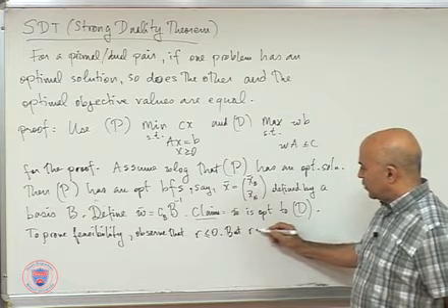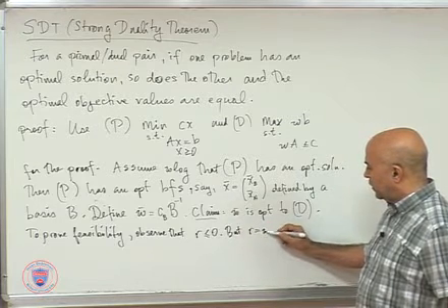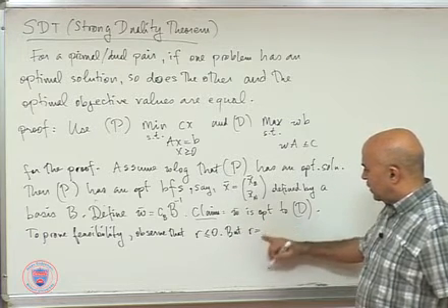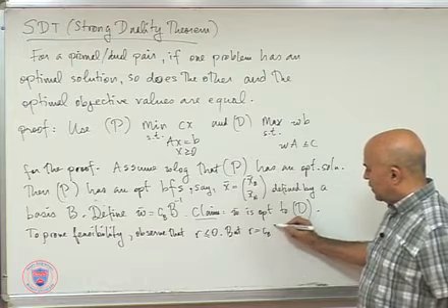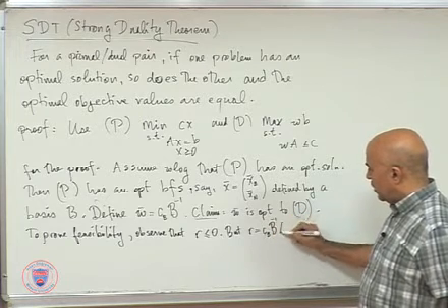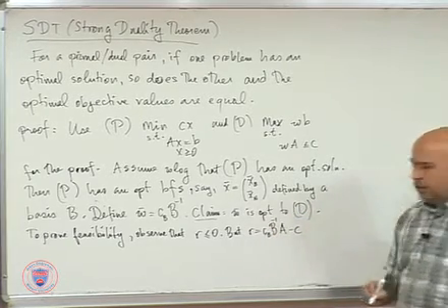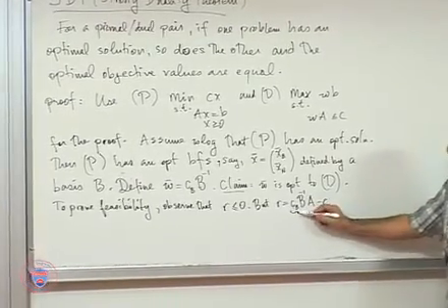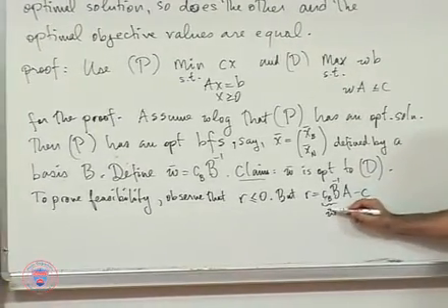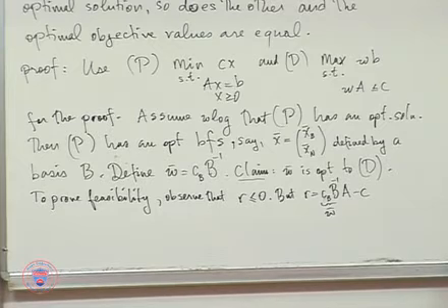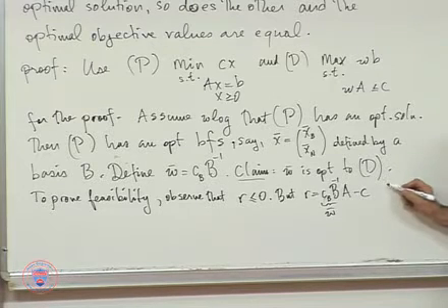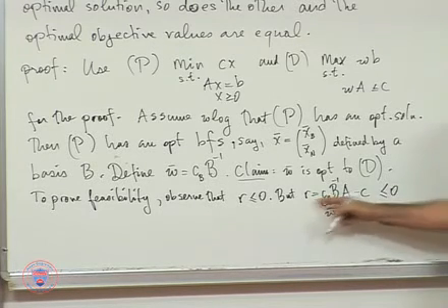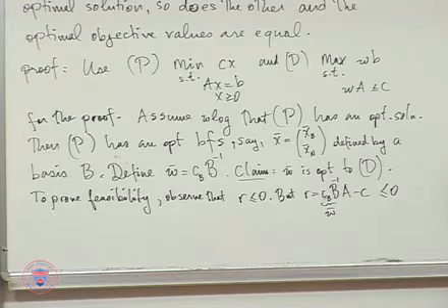But we know that the reduced costs are defined by CB B inverse A minus C. And we just defined CB B inverse to be W. And we know that this is less than or equal to 0 because of the optimality.